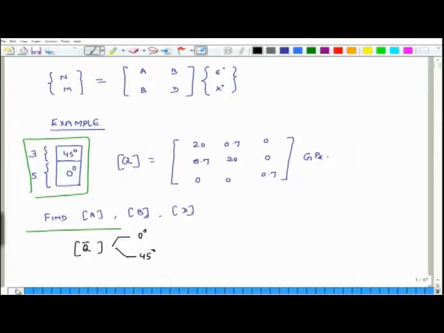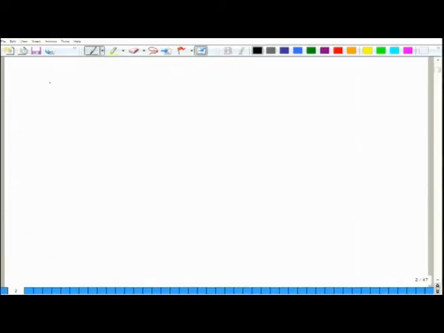For the 0 degree layer, Q bar matrix is the same as Q. So, the numbers are given here: 20, 0.7, 0; 0.7, 2.0, 0; 0, 0, 0.7 GPa.